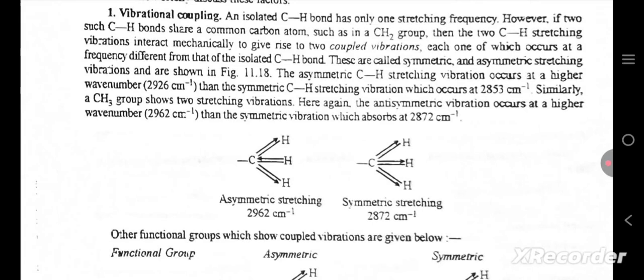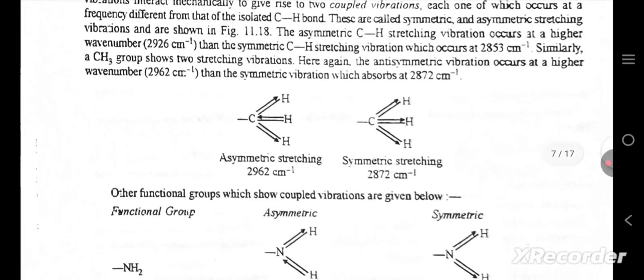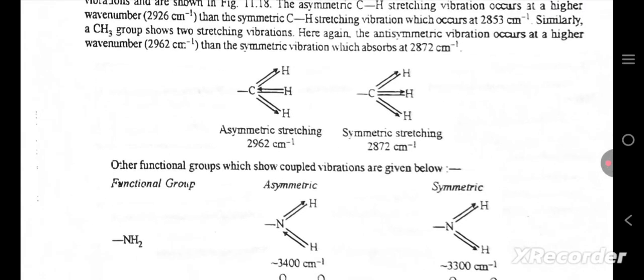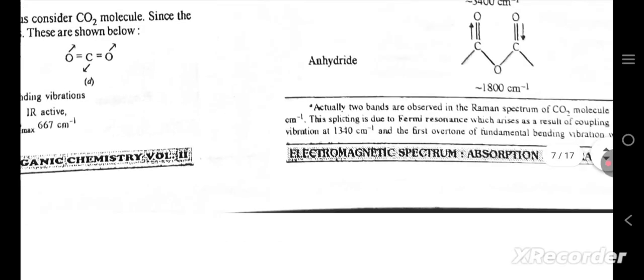They are called symmetric and asymmetric stretching vibrations and are shown in figure 11.18. The asymmetric stretching vibration occurs at a higher wave number than the symmetric CH stretching vibration, which occurs at 2853 cm⁻¹. Similarly, the asymmetric vibration occurs at a higher wave number than the symmetric vibration which absorbs at 2872 cm⁻¹.